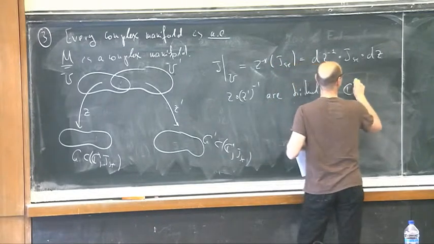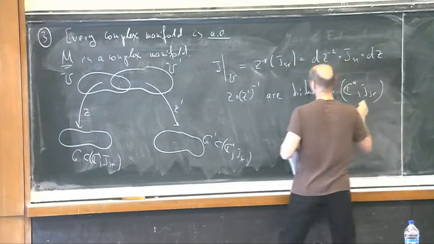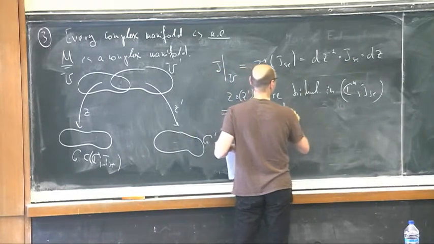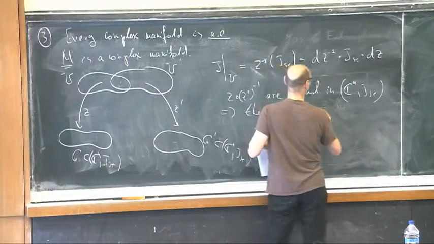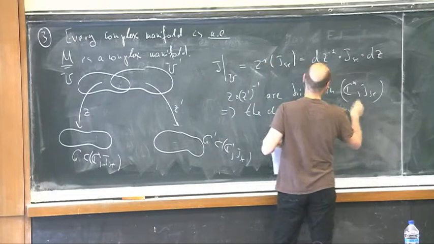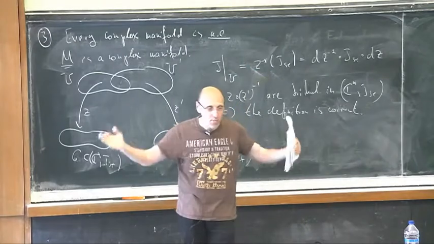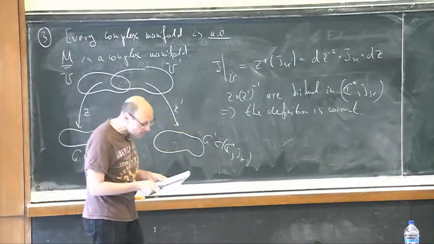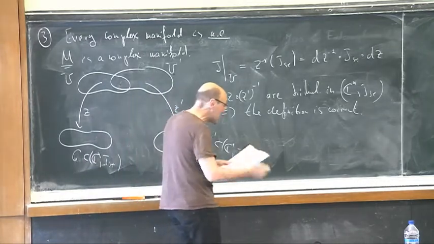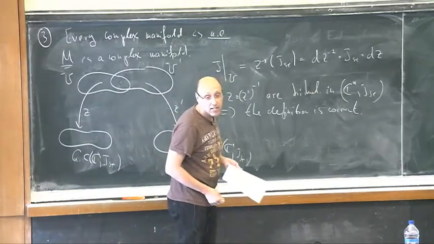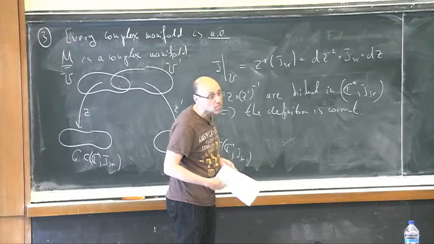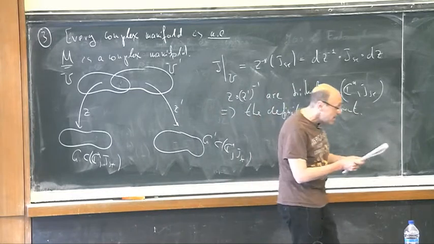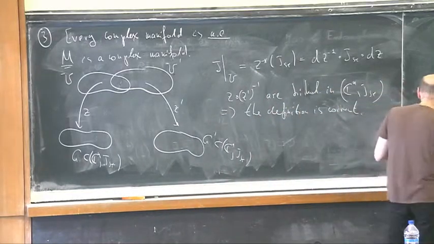So the definition is correct. And using this, we obtain an almost complex structure which is globally defined on a complex manifold M. So in particular, every complex manifold is orientable, because every almost complex manifold is orientable, since every tangent space has a canonical orientation.